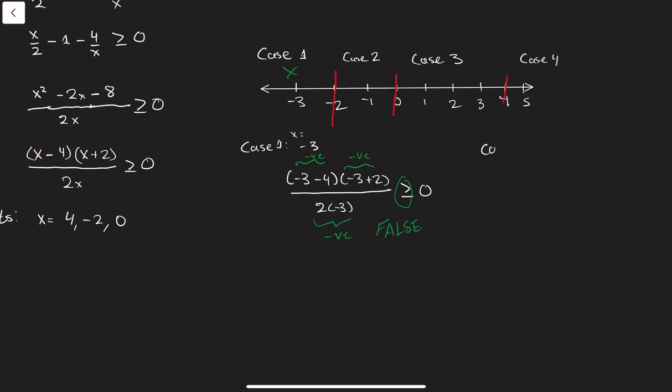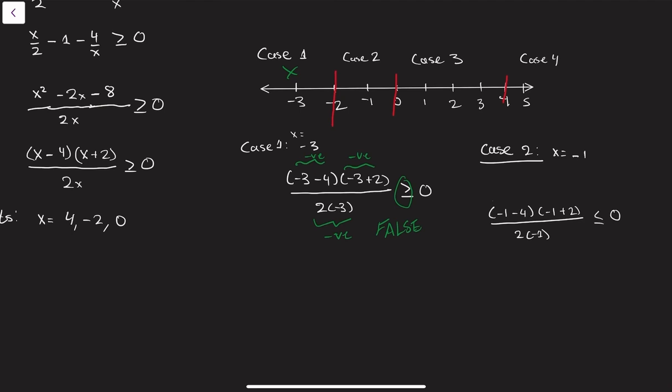Case 2. Let's say x is equal to negative 1. It's an easy one. So we have negative 1 minus 4, negative 1 plus 2, 2, and negative 1, let's say it's less than or equal to 0.